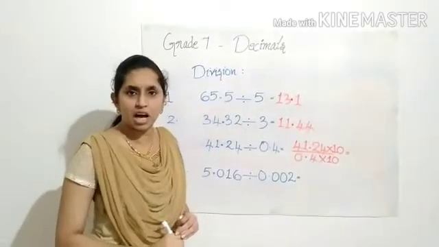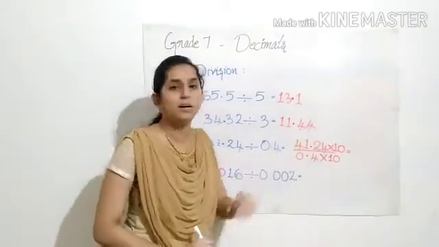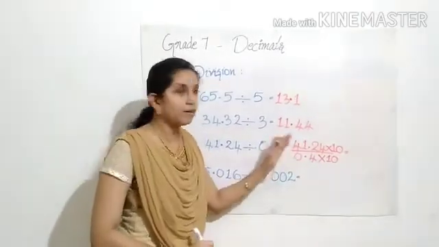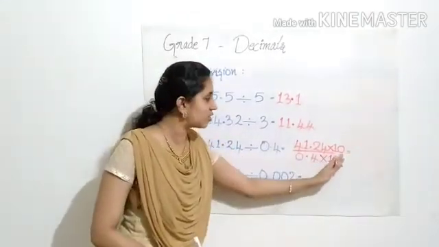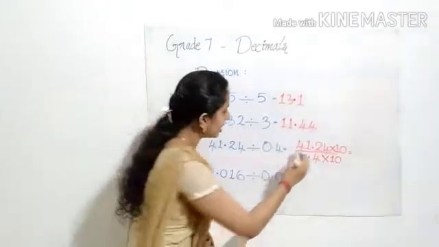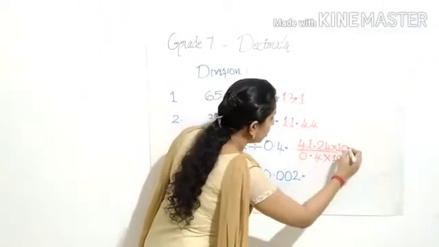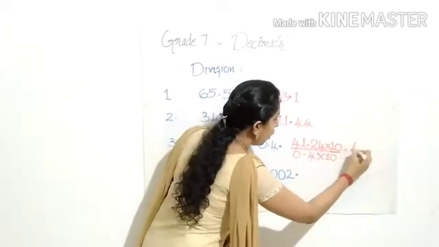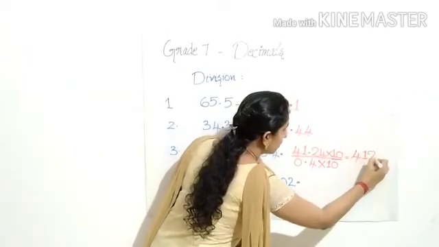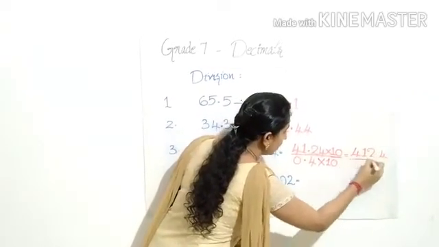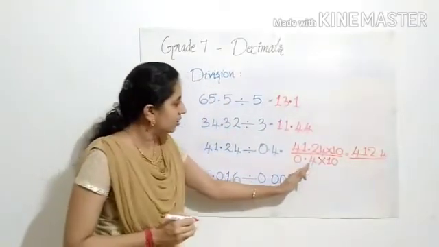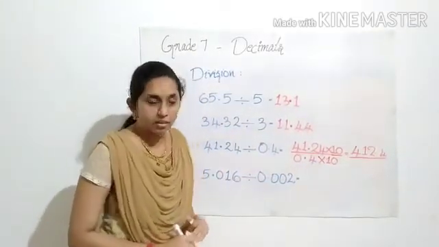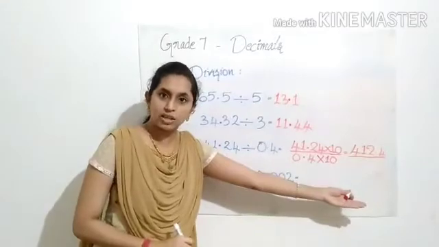We have already studied how to multiply a decimal number by 10. We have to move towards the right, and that too 1 place. So the decimal will reach here. So the numerator becomes 412.4. I hope you understood. And the denominator, 0.4 into 10. Shifting 1 place to the right.